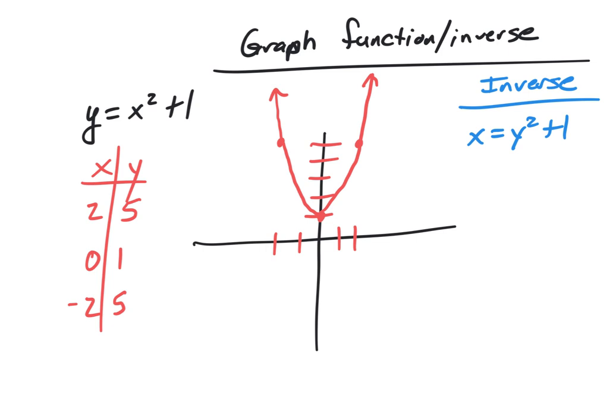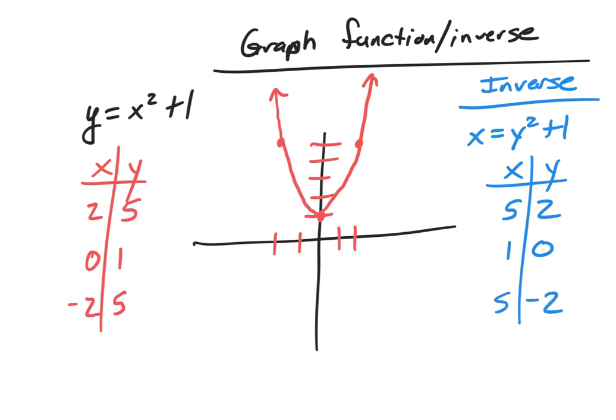The reason I generate some ordered pairs is because now when I graph this, we know that when we do the inverse, we're just going to switch the x and y around. So this is going to become (5, 2), (1, 0), and (5, -2).